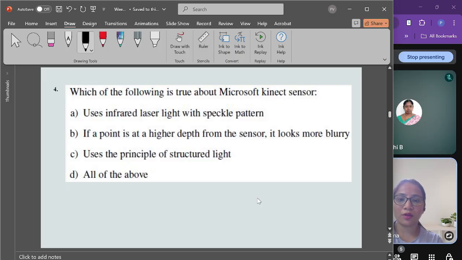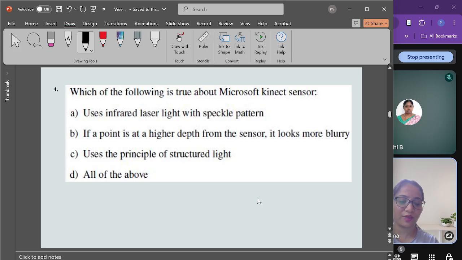So all the options for the Microsoft Kinect sensor are correct: it uses infrared laser light with speckle pattern, if a point is at a higher depth from the sensor it looks more blurry, and it uses the principle of structured light.